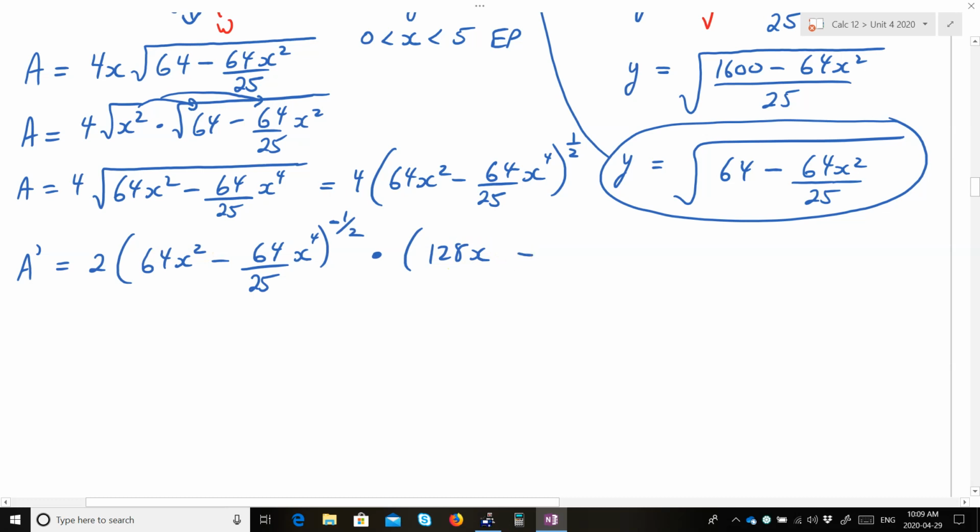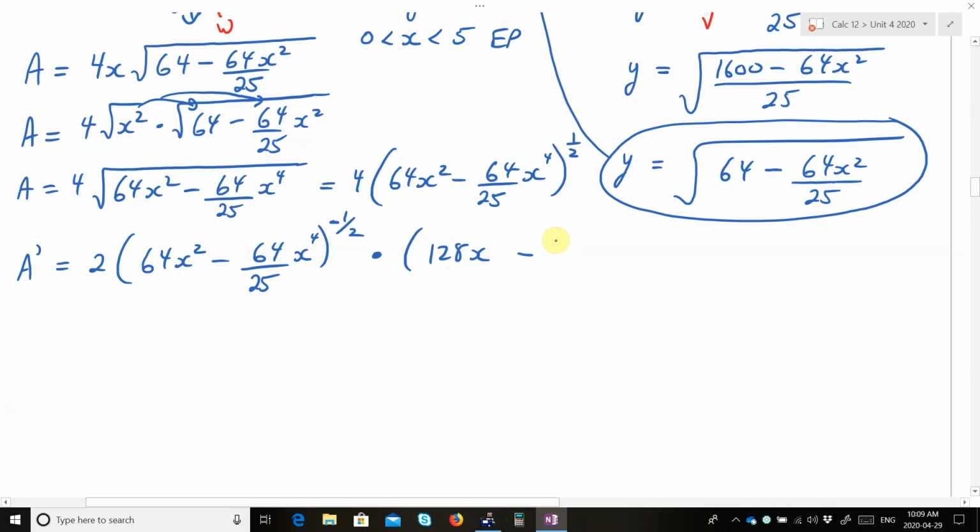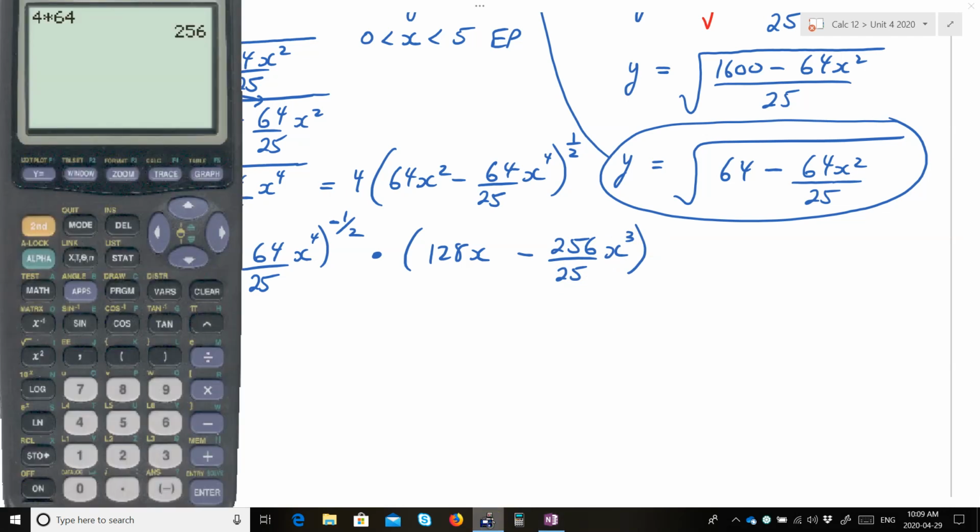And then 4 times 64 over 25. 4 times 64 is 256. So I would have 256 over 25 times x cubed. Over 25, I don't think that simplifies. No.